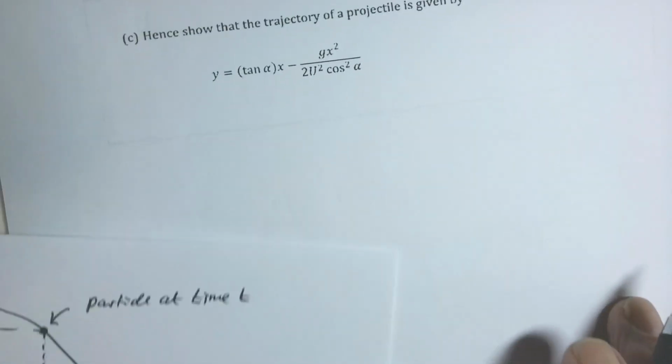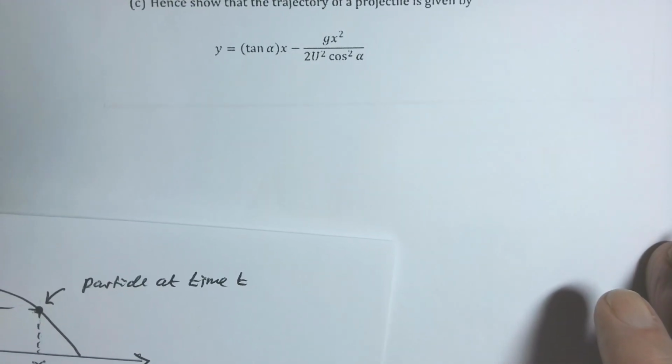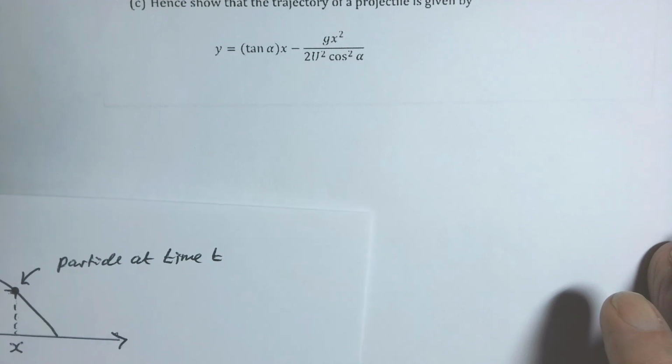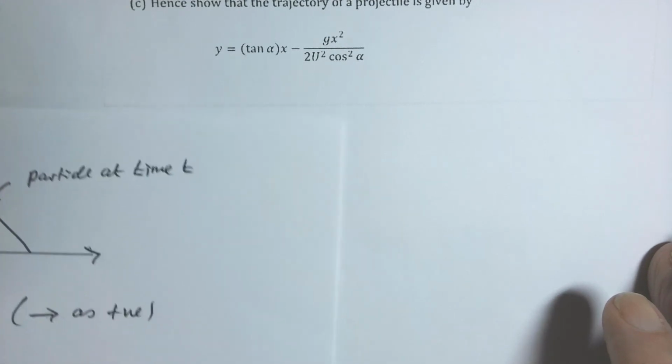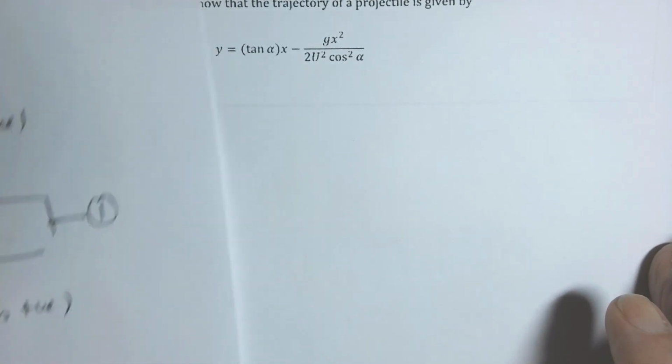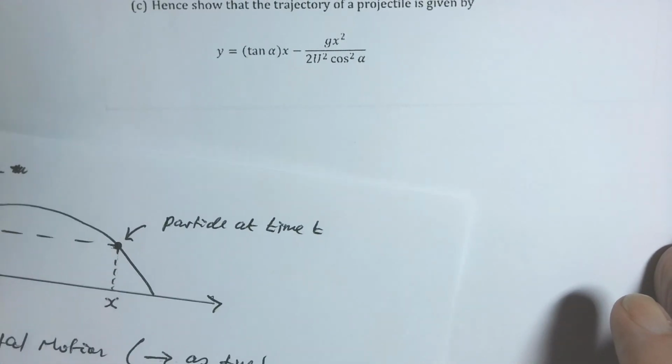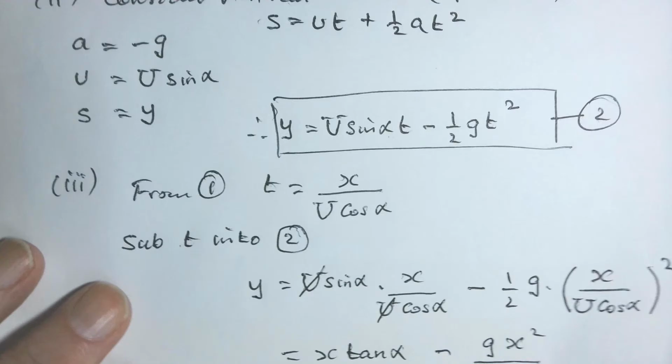Now let's quickly go back and see what we've got, and there we go. y equals tan alpha times x, minus g x squared over 2u squared cos squared alpha.